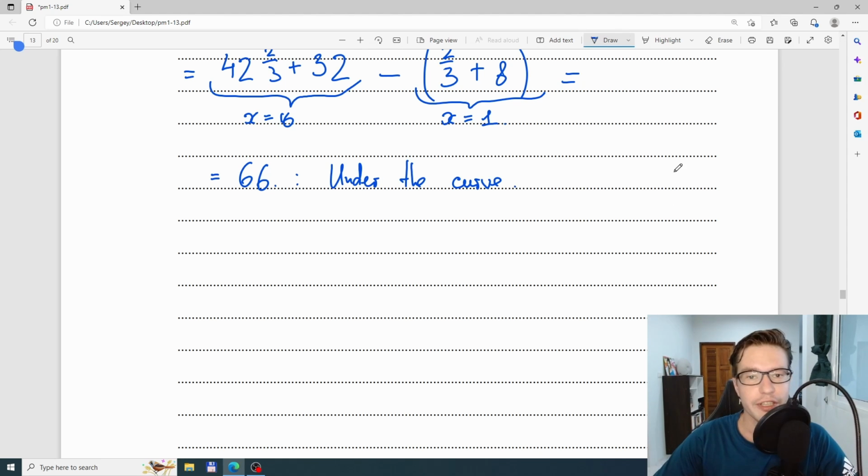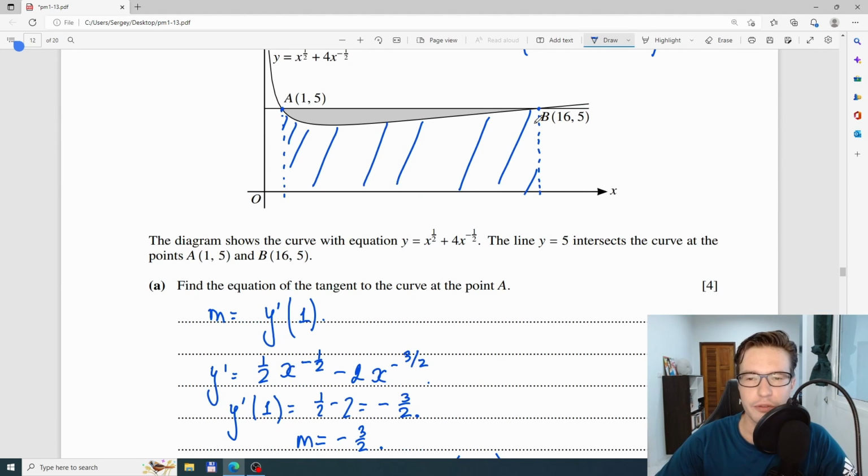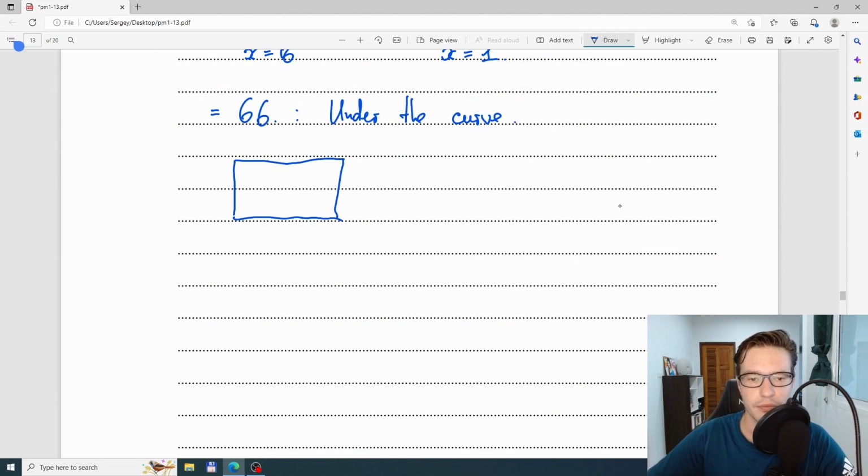Okay, now we have to find the area of the rectangle. Let's have a look at it. So the height of the rectangle is 5, and the length would be 15. 15 and 5, so the area would be 75.